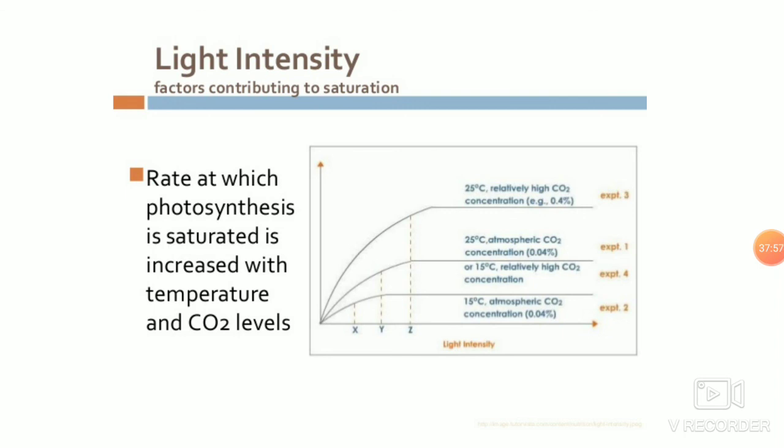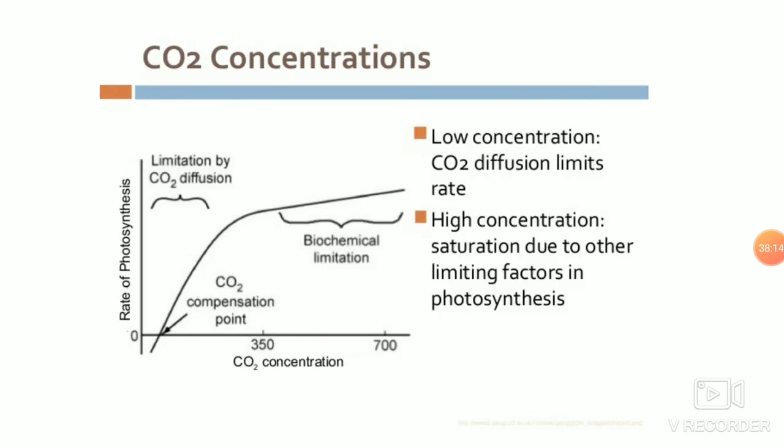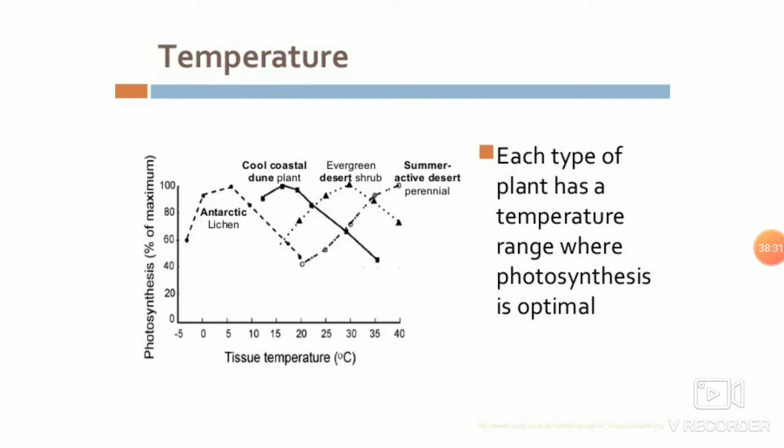If the ambient temperature is 25 degrees, that is the optimum, and if you go below, like 10 or 15 degrees, you have a reduction in photosynthetic activity. But if you increase the carbon dioxide concentration at lower temperatures also, there is an increase in photosynthetic activity. Low concentration of carbon dioxide limits carbon dioxide diffusion. High concentration sometimes shows saturation due to other factors limiting photosynthesis.